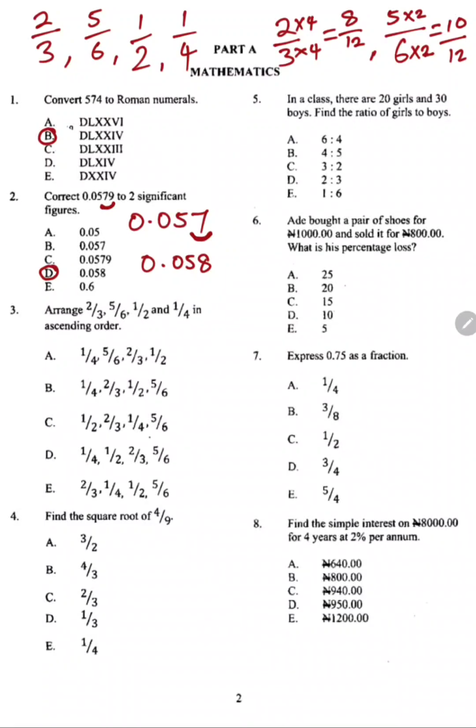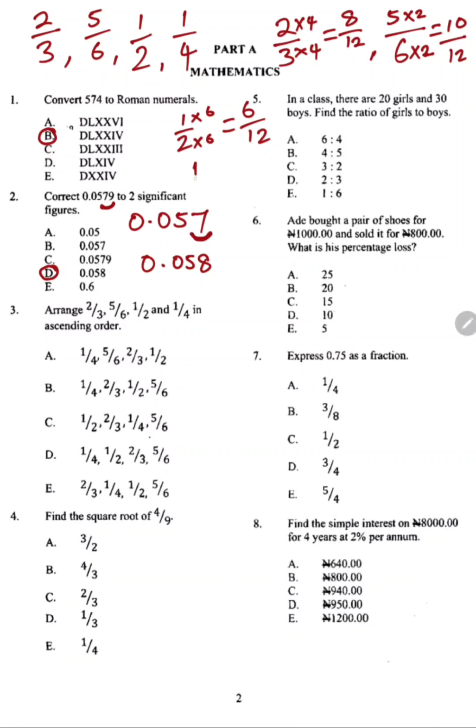Now we move to 1 over 2. Of course, I have to multiply it by 6. So 1 over 2 times 6, and this one also times 6, will give me 6 over 12. And finally, 1 over 4, I have to multiply it by 3.